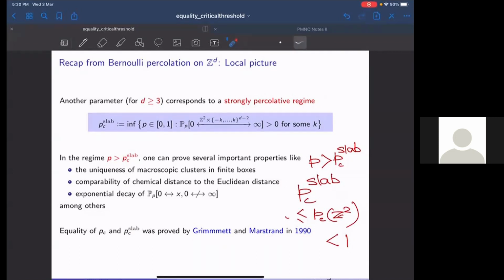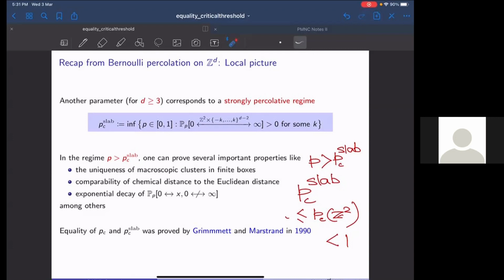To the best of my knowledge, the only cases where similar results are known for other dependent models are essentially a modification of the Grimmett-Marstrand argument, except for a close cousin of Bernoulli percolation called the FK Ising model, FK percolation with q equals 2, where it is known due to the work of others.